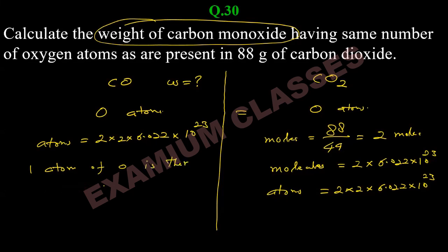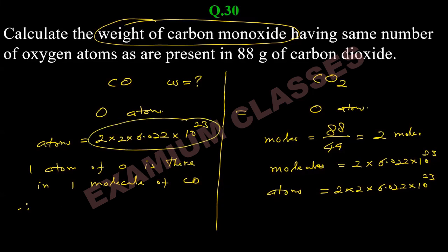Hence, these many atoms will be there in how many molecules? Same number, 1:1 ratio. One molecule has one atom. So 2 into 2 into 6.022 into 10 power 23 molecules are there.